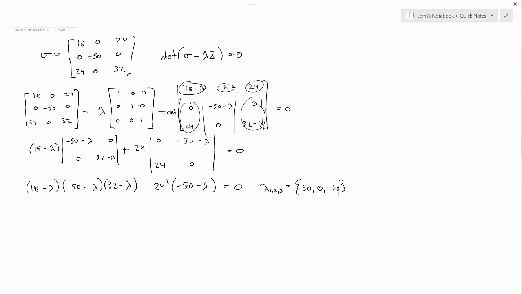They are pretty straightforward. I mean, it wouldn't be that hard if you multiplied this out. I think you could factor it just by eye.